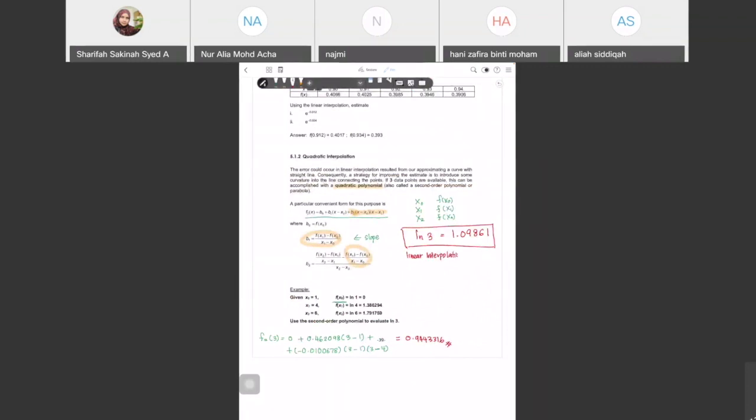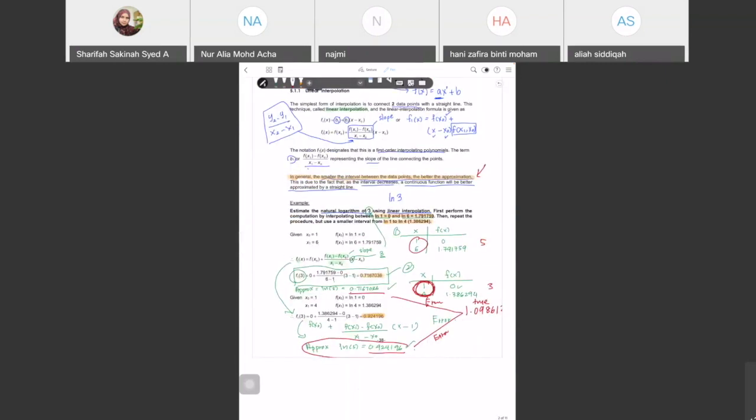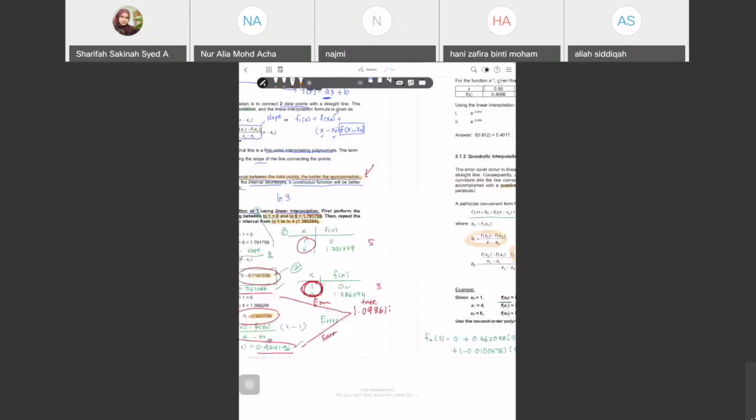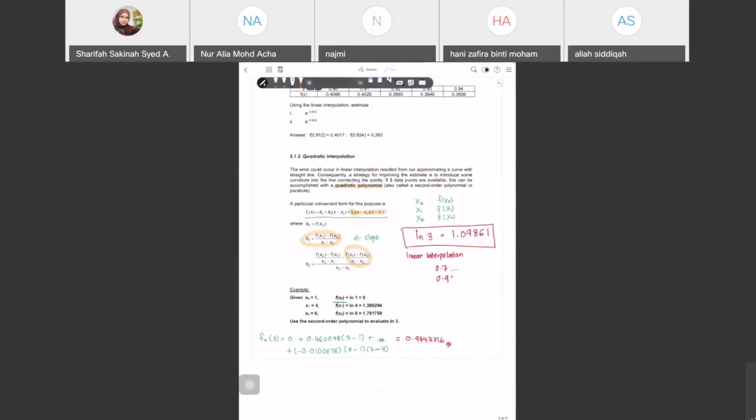For this, we will have the answer here too, with 0.7 and 0.9. So from here we get 0.9.